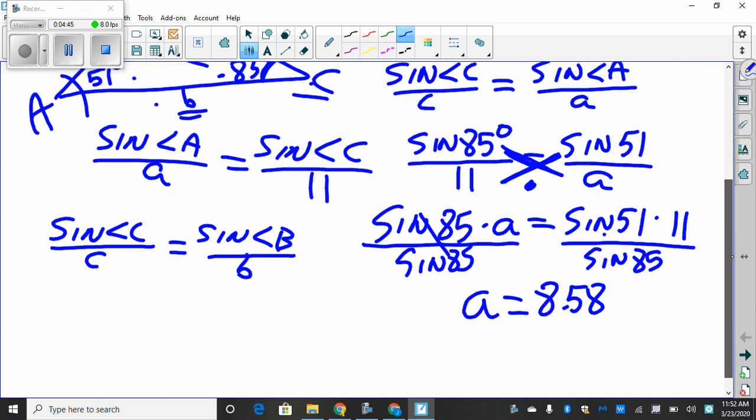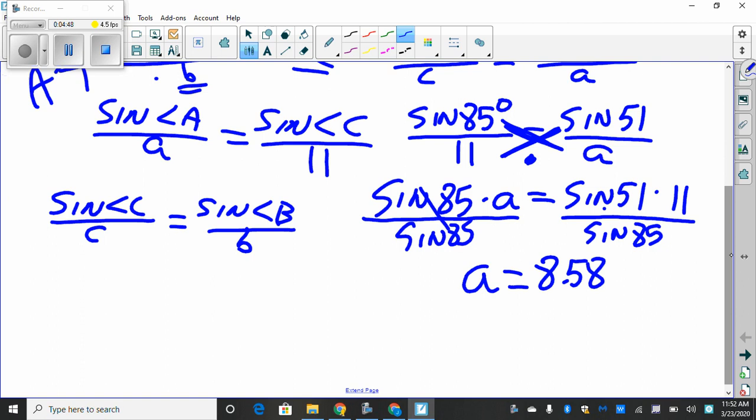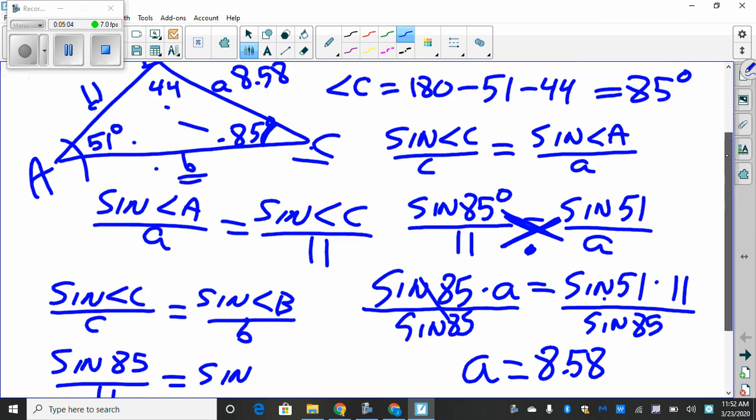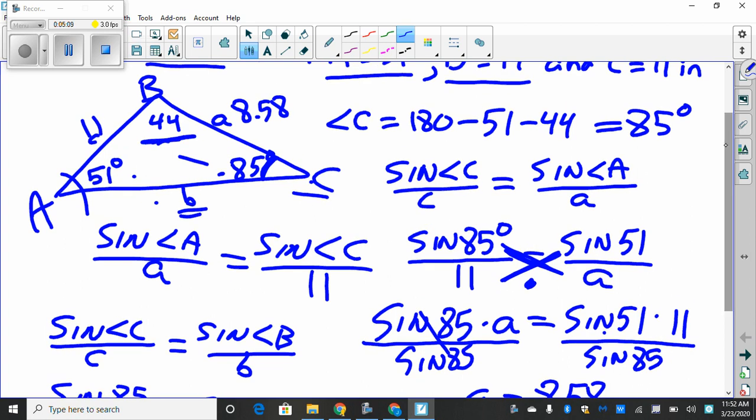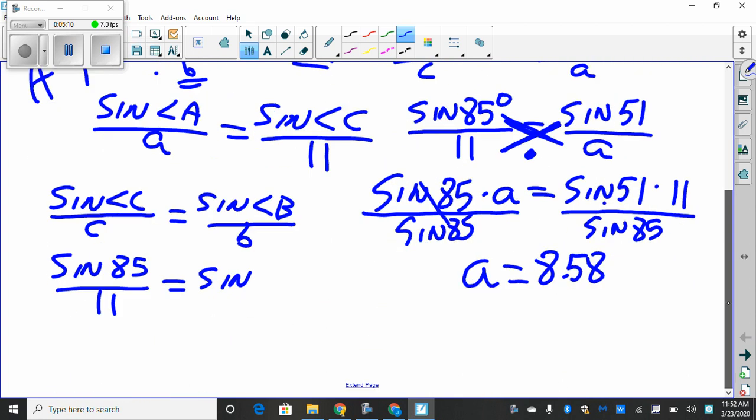So again, that will be the sine of 85 over 11. That's sine of C. Angle C is 85. Little c is 11. Equals the sine of angle B, which, if you recall from my drawing up here, is 44 degrees right here. Okay, so sine of 44 degrees over little b.